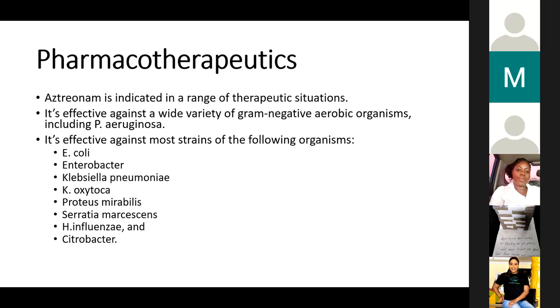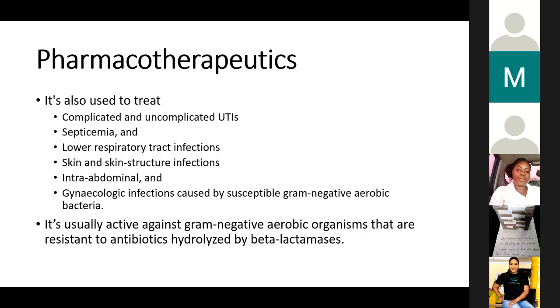So mostly it's active against gram-negative aerobic organisms. So you have a lot of the Enterobacteriaceae: E. coli, Enterobacter, Klebsiella pneumoniae, Klebsiella oxytoca, Proteus mirabilis, Serratia marcescens, H. influenzae, and Citrobacter.